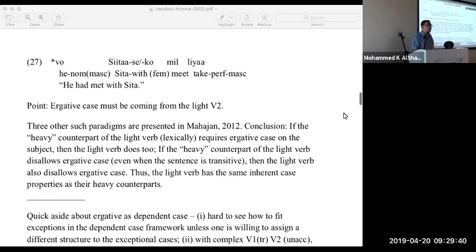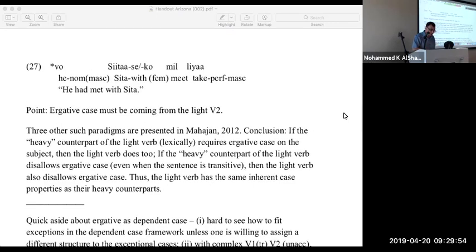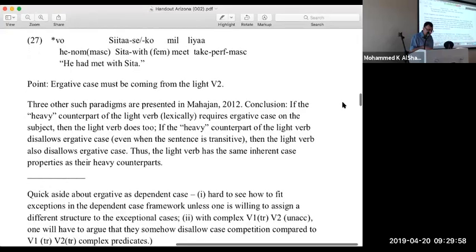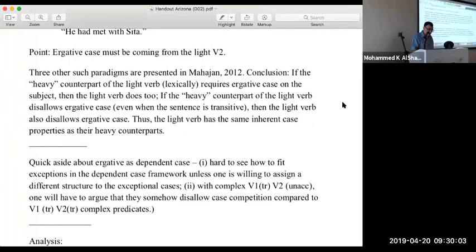You could then ask me what happens if there is no light verb in those cases, and my answer will be that there is a light verb shell in those cases, and a special treatment is required for them. The conclusion is given after 27, but it's reasonably clear, data-wise, where this is going.